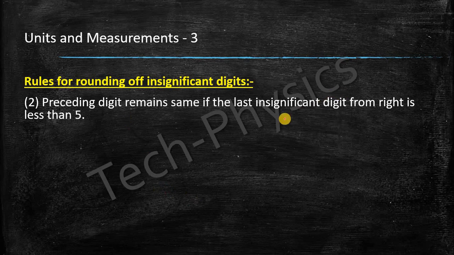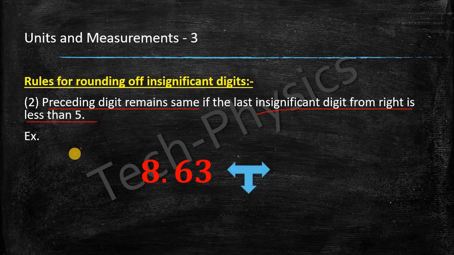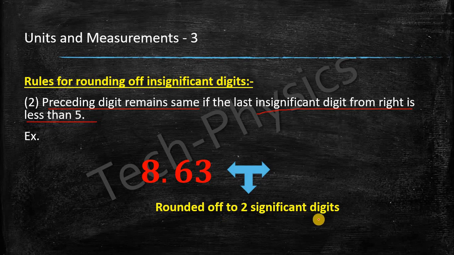There is a second rule for that, for a number which is less than 5. If the last insignificant digit from the right is less than 5, then the preceding digit remains the same. Let us see an example: 8.63. Now I have to round it off to 2 significant digits, so it should be rounded off up to this place.